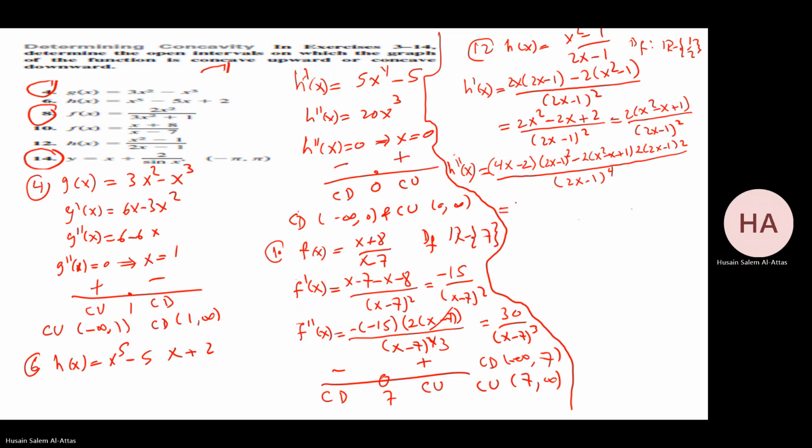I took 2 and 2x minus 1 as a common factor. What's the remaining? This is 2x minus 1. The remaining is 2x minus 1 squared minus 4x squared minus x plus 1, over this.